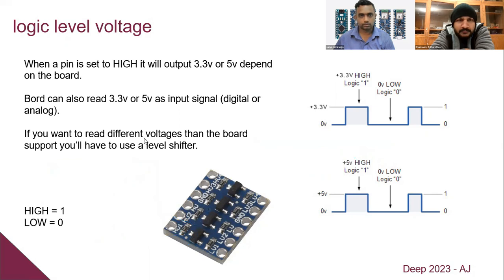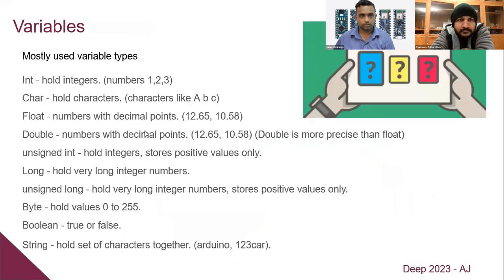Okay, now we have come to the variables. The variables are like different kinds of baskets, like different shapes, right? Say an integer is something like this. A char is something like this.